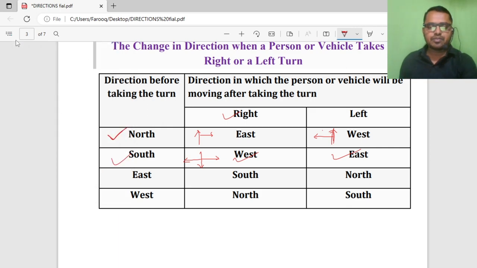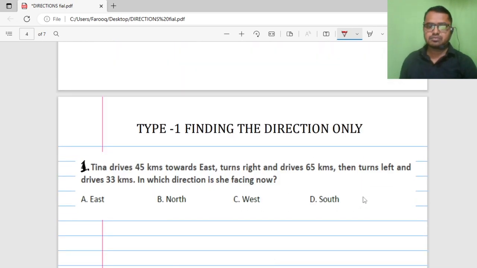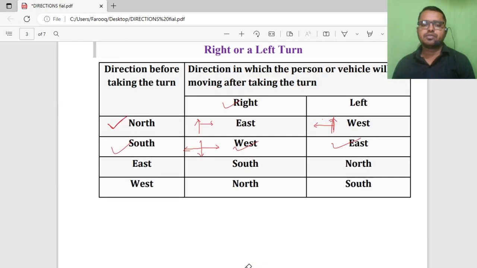Next, from the east. Just see here, from the east, the right turn is what? East is in this direction.